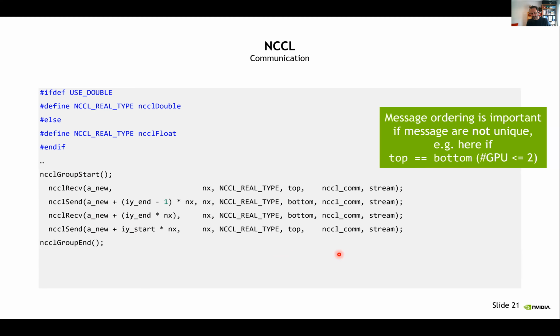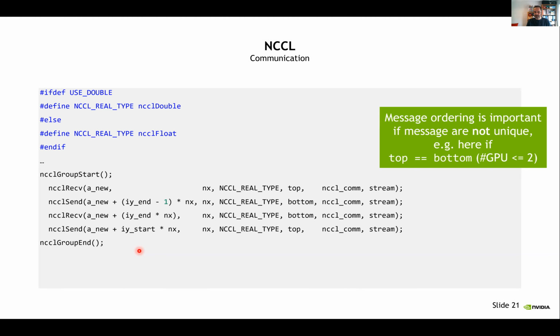And to avoid the overhead, NCCL doesn't have a tag argument in contrast to MPI, so you cannot use that to disambiguate them. So you need to be aware of the message ordering in some cases.